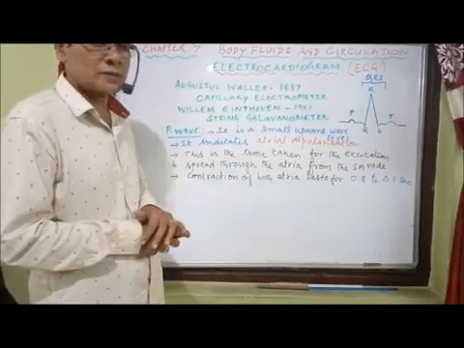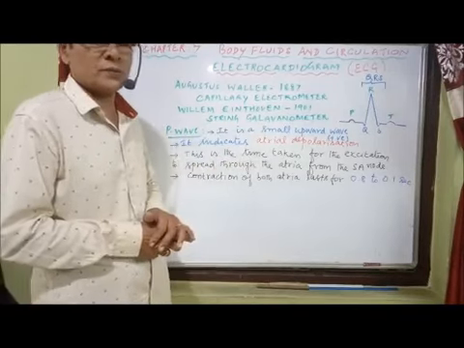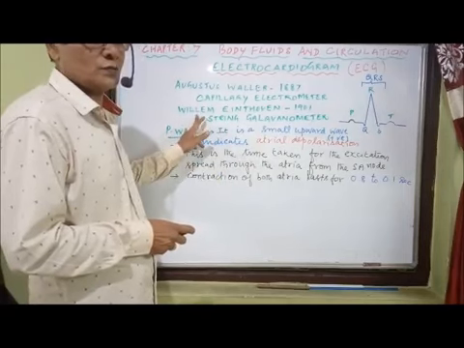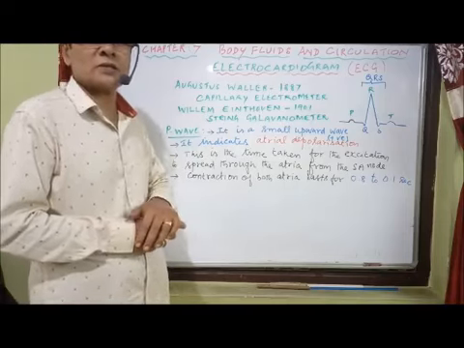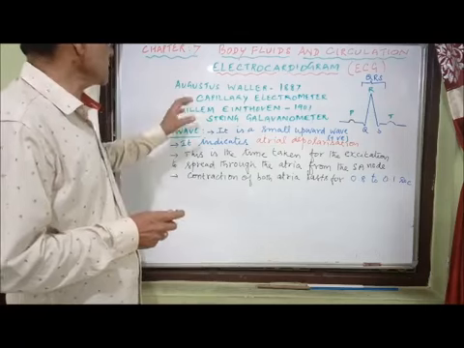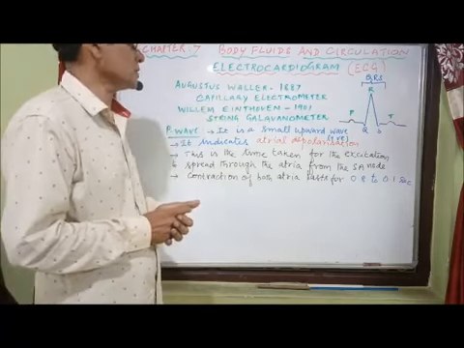What we use at present is ECG using the string galvanometer. He was awarded the Nobel Prize in 1924, and Willem Einthoven is called the father of electrocardiography. This is something about the invention of the ECG.